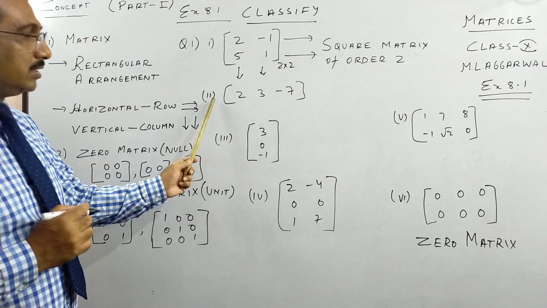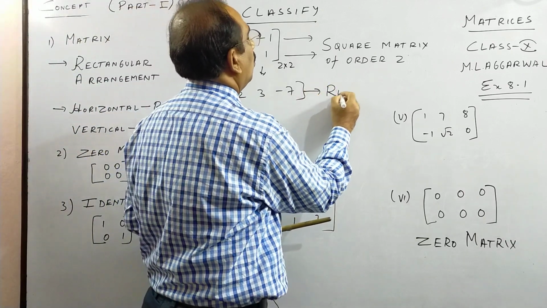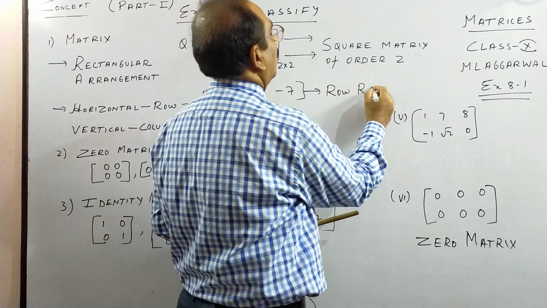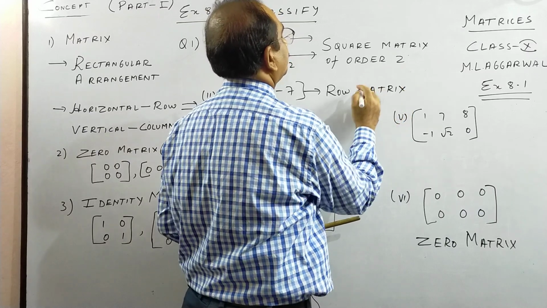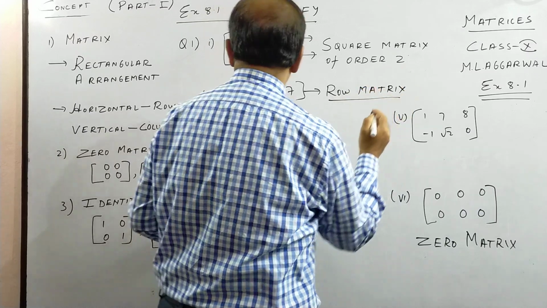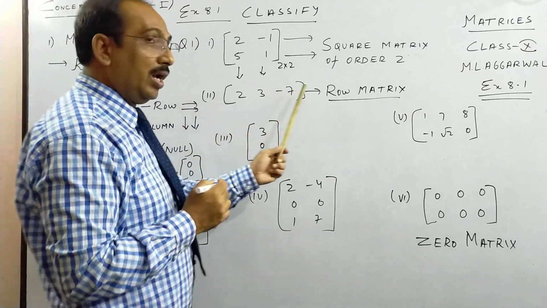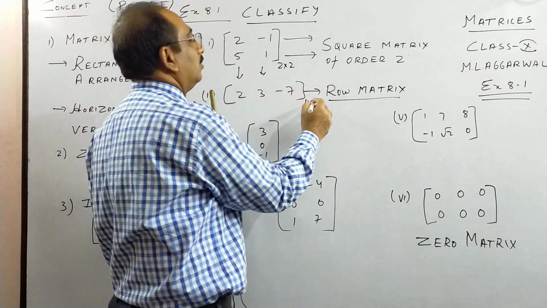If you see this, this has only 1 row. So this is called a row matrix. And what is the order? It has 1 row and 3 columns.